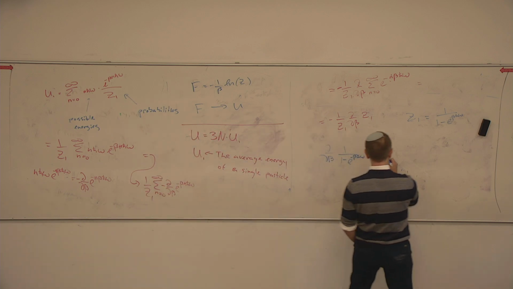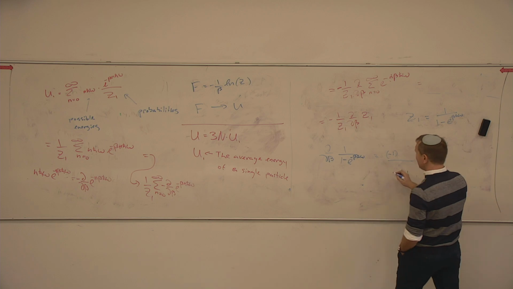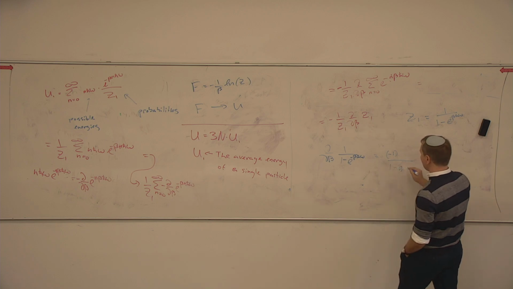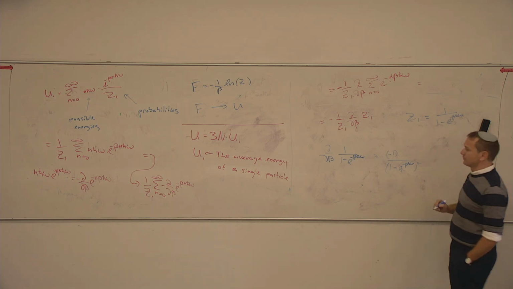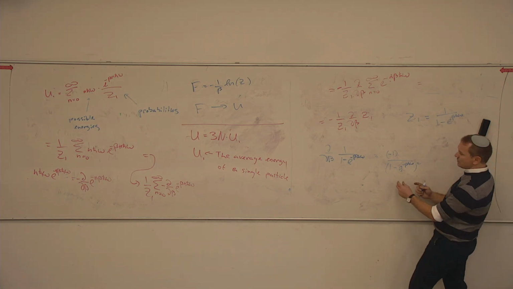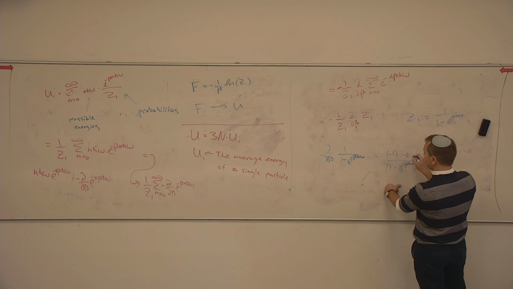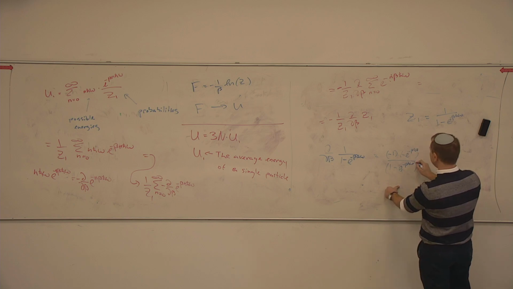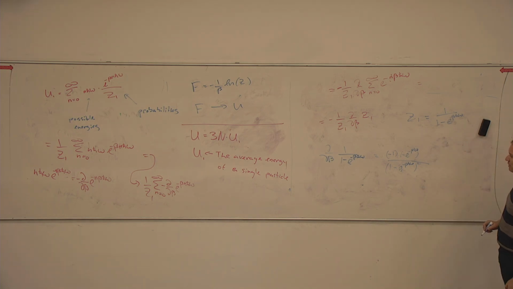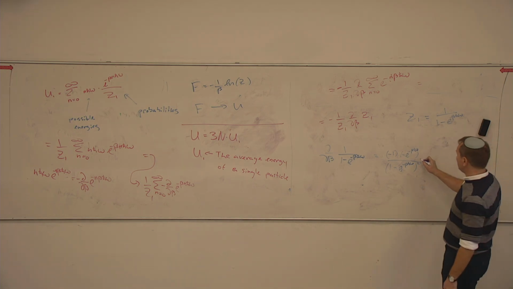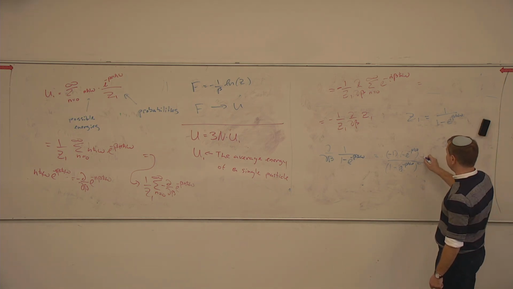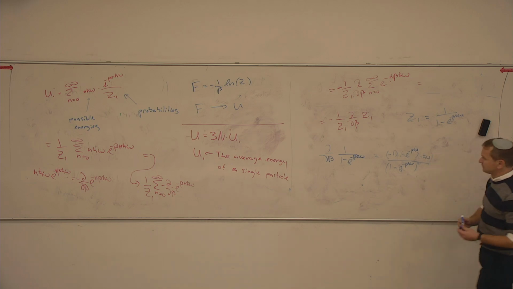It is minus 1 divided by 1 minus e to the power minus beta h bar omega to the second power. And then we take the inner derivative, which is minus e to the power minus beta h bar omega, multiplied by what? By minus h bar omega.